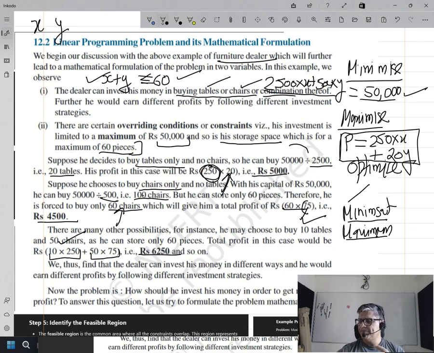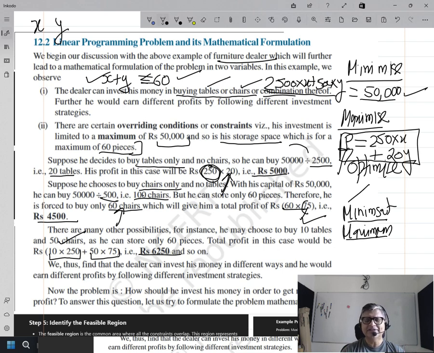So the profit is called the objective function. This is our objective, maximization of profit. So remember, when you read the question, first of all see what exactly is to be done.